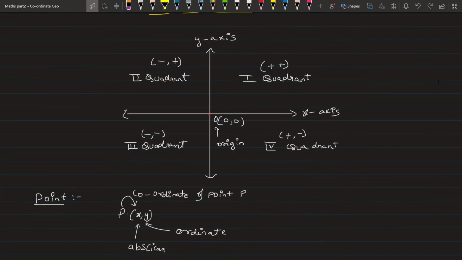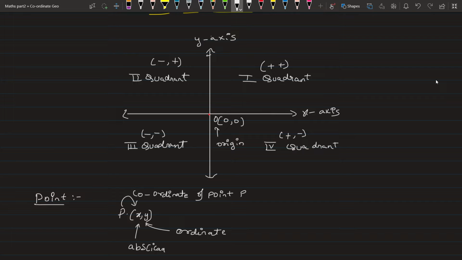As you might know, this is the x-axis, and here is the y-axis. This is the first quadrant, this is the second quadrant, third quadrant, and fourth quadrant. In the first quadrant, both x and y are positive.